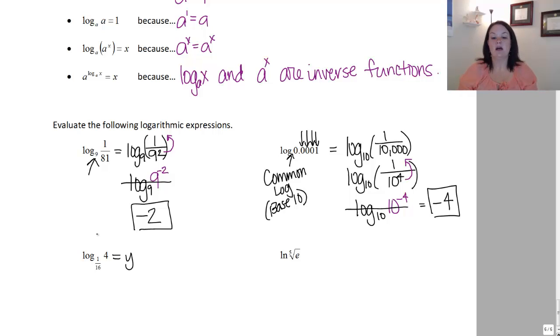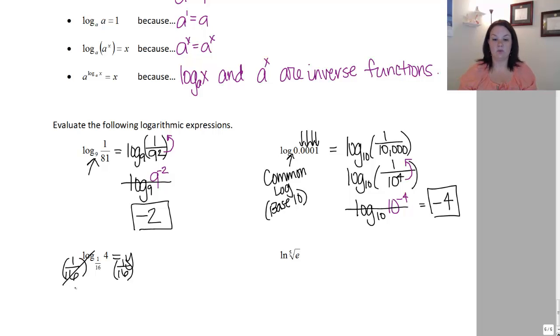And then I'm going to try to solve for what y must be. Okay? So I can get rid of this log base 1 over 16 by raising my equation up into the exponent using exponential base 1 over 16. So that way on the left-hand side, my exponential base 1 over 16 and my log base 1 over 16 cancel.